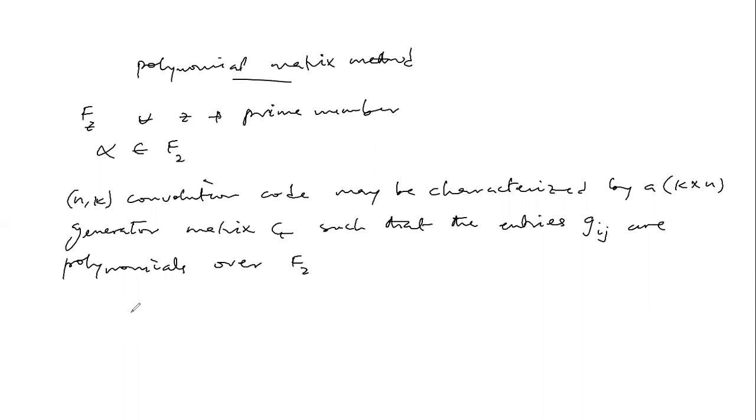Now, if we are given, for instance, say a 2x1 convolution code, such that the generator polynomial is x squared plus 1, x squared plus x plus 1.